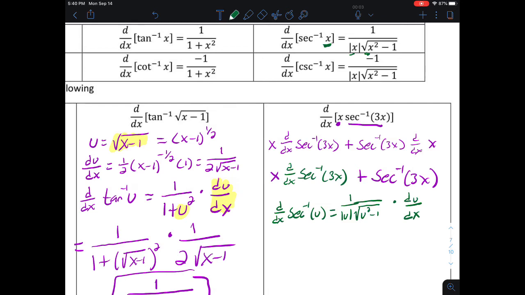And what we have done is we've replaced u, or u is representing 3x, so that means du over dx is the derivative of 3x, which is just 3.